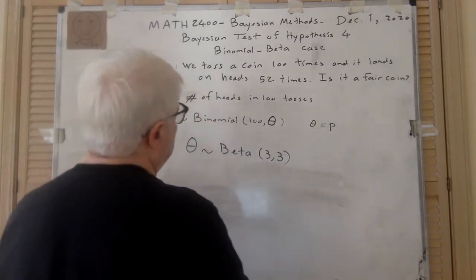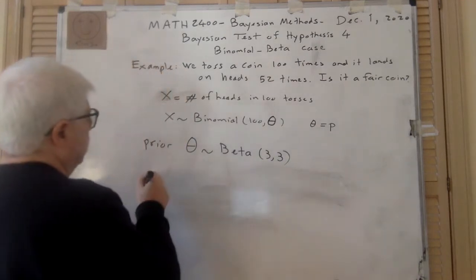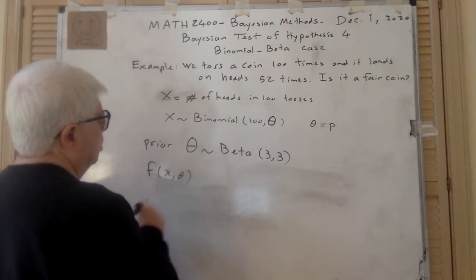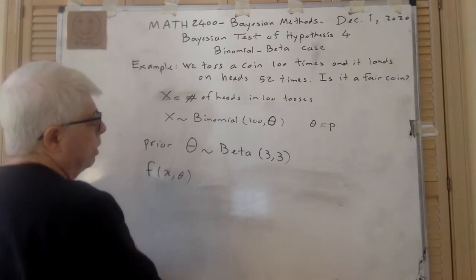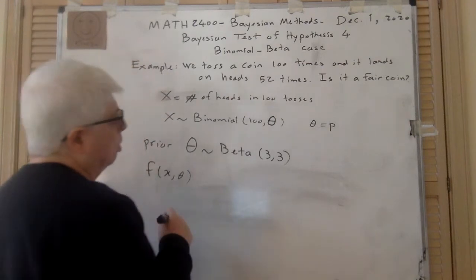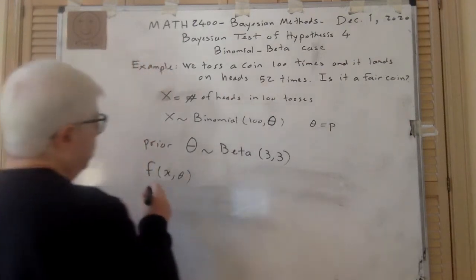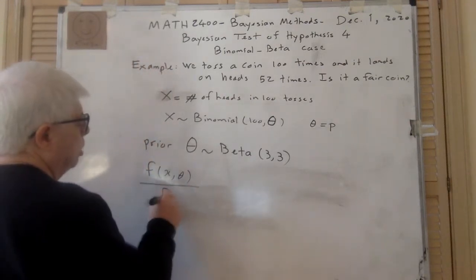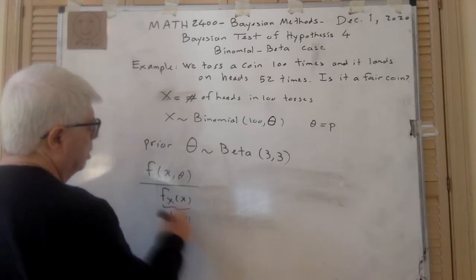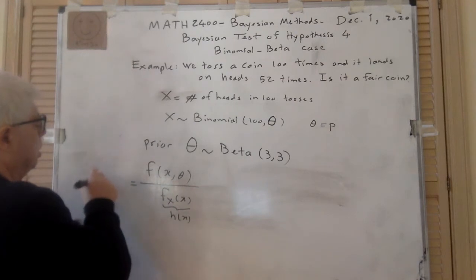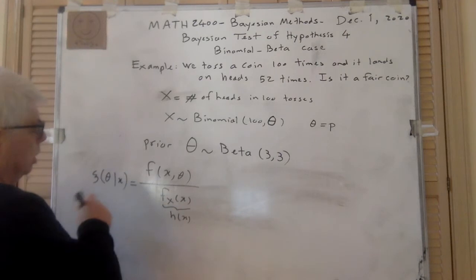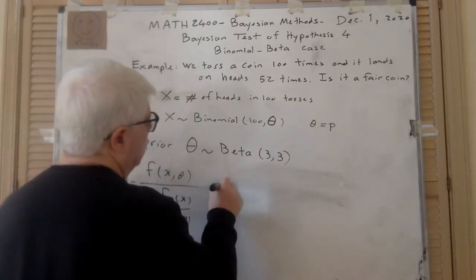Okay, so let's see what we have here. So we need that f of x theta. Then if I divide f x theta by f x, which was the marginal distribution, which I also denoted by h x, then that is theta given x. That's the posterior, right?